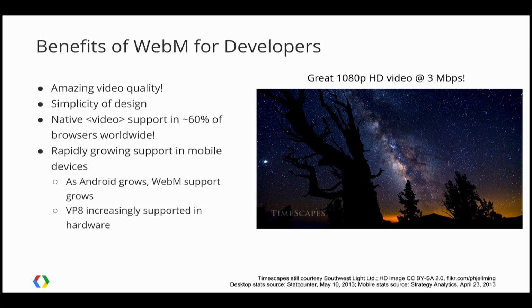So if you look at the quality that VP8 can achieve, just as a base to judge these things, 1080p HD video is obviously very difficult to transmit over networks because it's so many gigantic frames of pixels. But with VP8, we can achieve very good-looking, high PSNR, which is how these things are usually measured, 1080p at about 3 megabits.